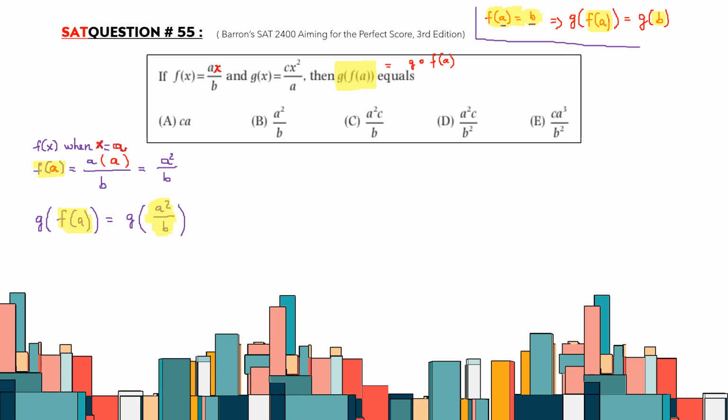What does this mean? It means we use g of x when x equals f of a, or a squared over b.